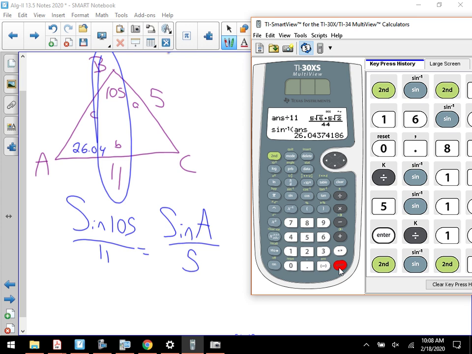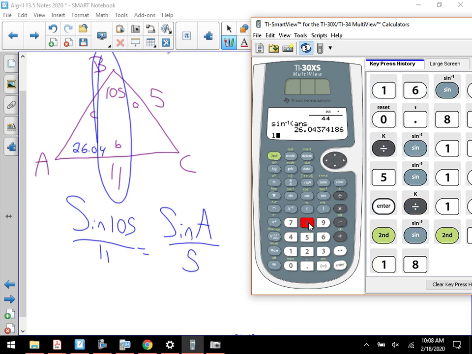All right. I know I don't have to check this one for a second triangle because my second angle on this is going to be obtuse. I already have an obtuse angle. I can't have more than one obtuse angle in a triangle, so it's going to be at most one that works. Now all I have to do is add these two together, subtract it from 180 to get my angle C. What is that, 131.04?